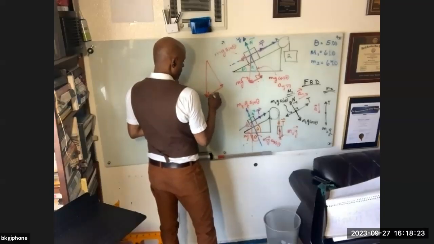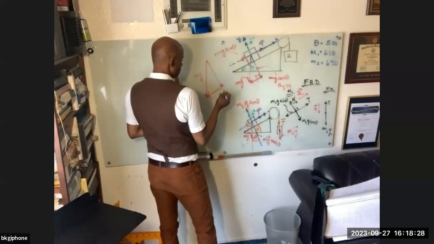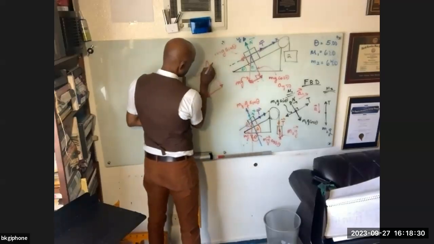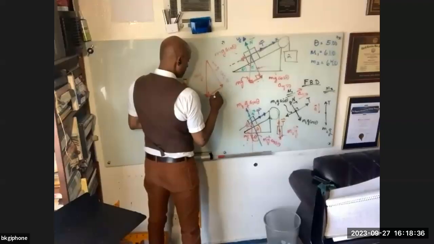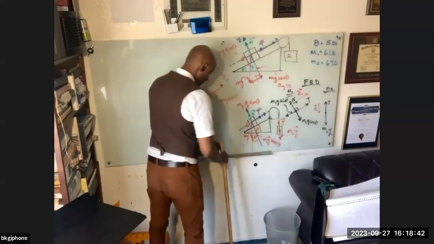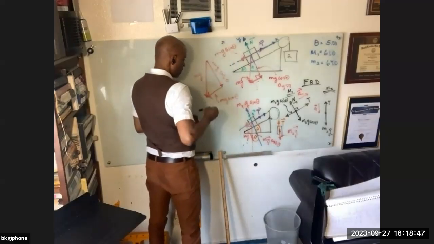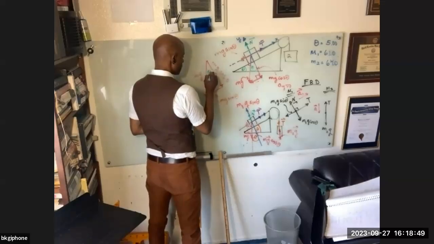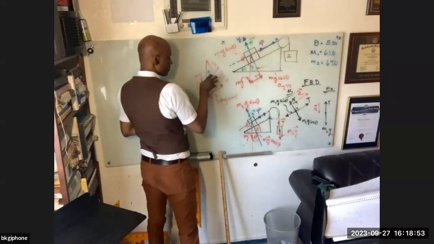So if the hypotenuse is mg, this side is mg cosine of theta, and this side is mg sine of theta, where this angle here is theta.